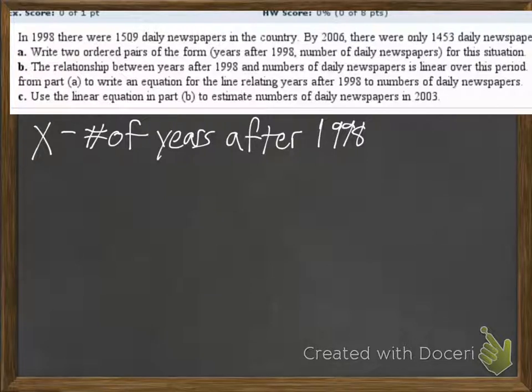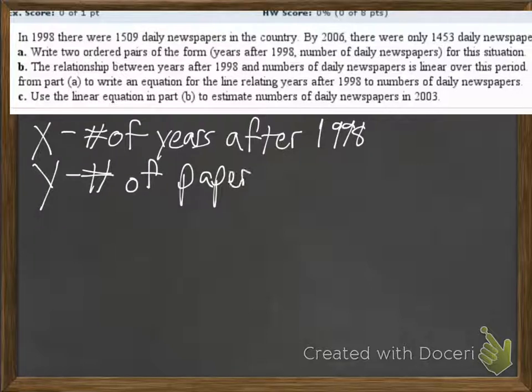That's what we're getting when we say years after 98, and y here is the number of newspapers. I really encourage you to actually write that out. These are the number of different newspapers across the country.